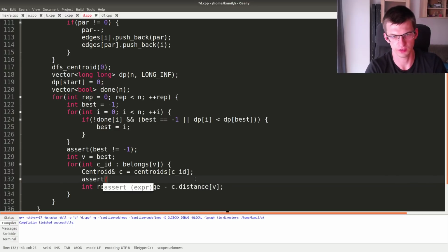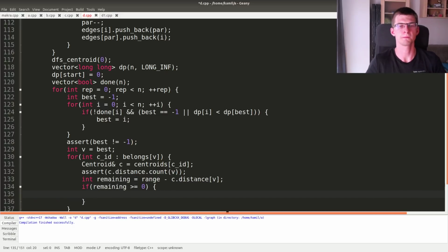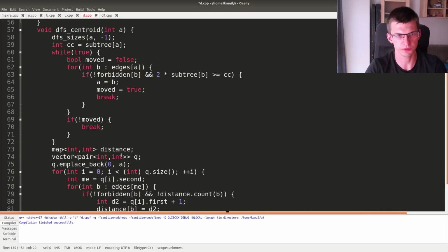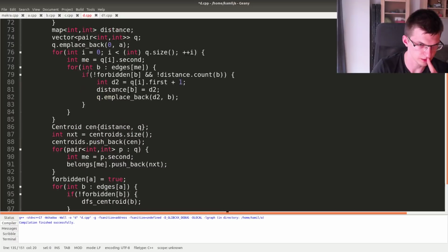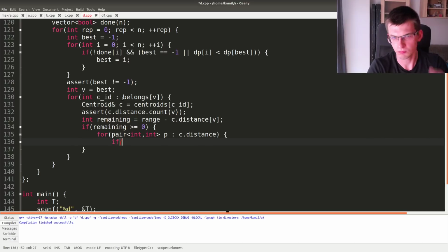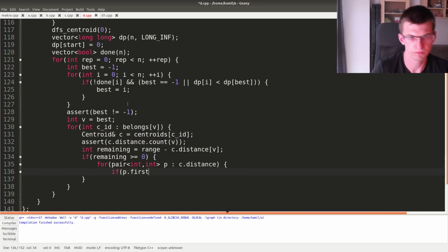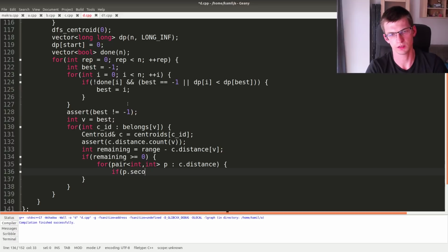Also assert this, the remaining, if. And this is first brute force way. I will try it for everybody there. P second.